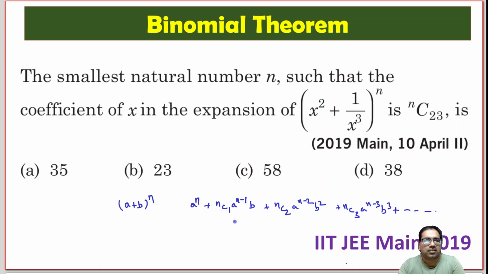So clearly there will be a term nC23 aⁿ⁻²³ b²³. There will be one term.